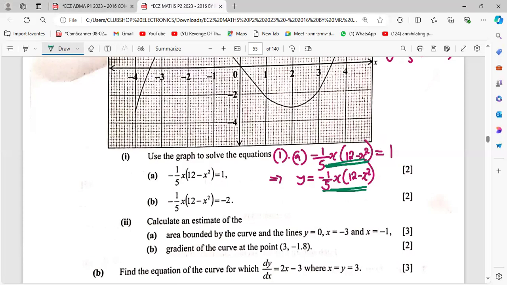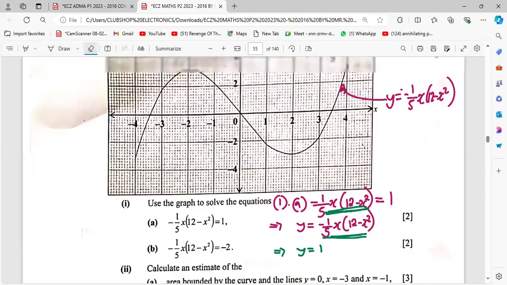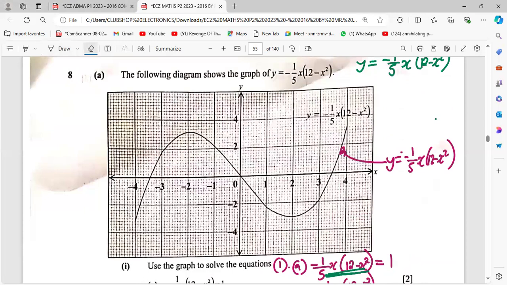So it means you equate y to 1. Is that okay? Yes, sir. So you are going to say this implies, therefore, that y is equal to 1. But this one is not our answer. We go to the graph, identify 1.